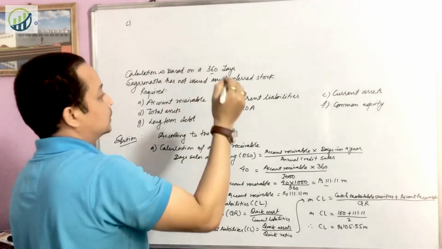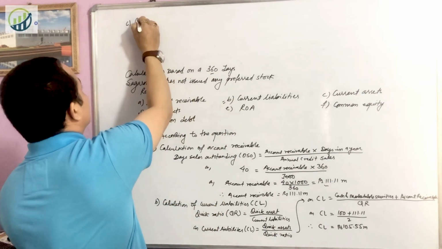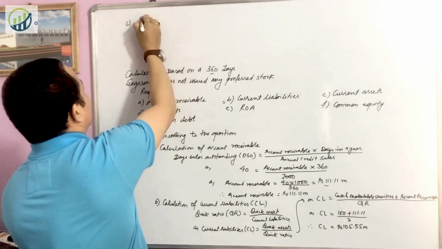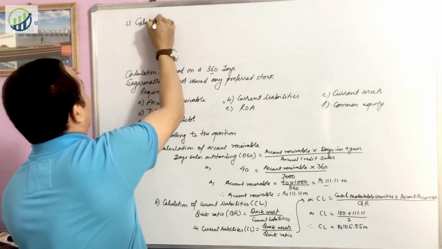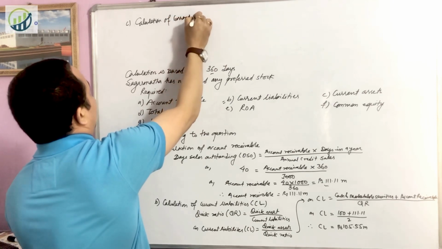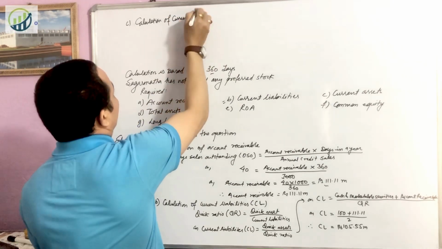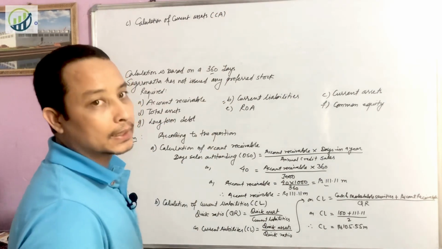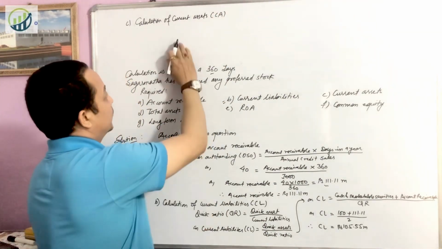For here, calculation of current assets, CA. So to find current assets you have to use the current ratio.